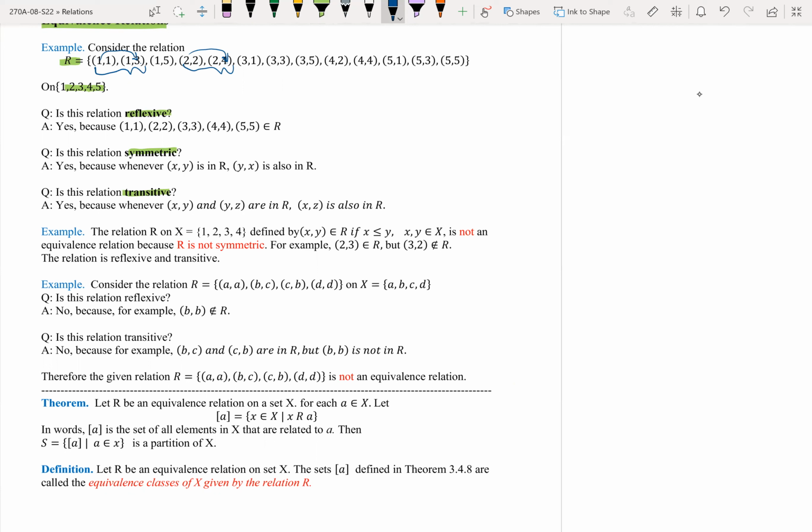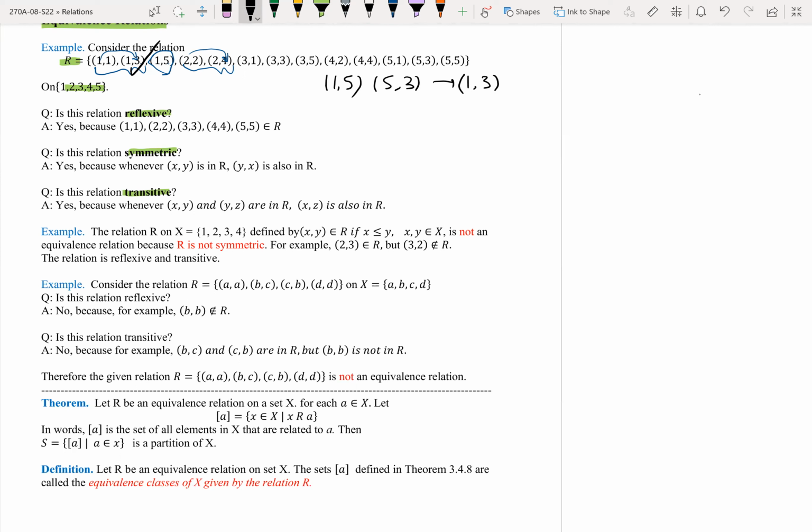Which one has a 5? 1 is related to 5, 5 is related to 1. What should be the conclusion for transitive? 1 is related to 1, which works, right? So you can try more, right? So 1 and 5 is related. 5 and 3 is related. So you should have 1 and 3. You do have 1 and 3 over here. Okay, do you see? Yes, please.